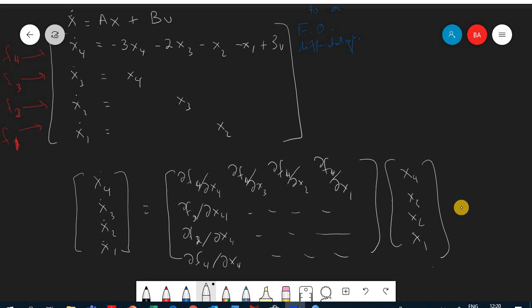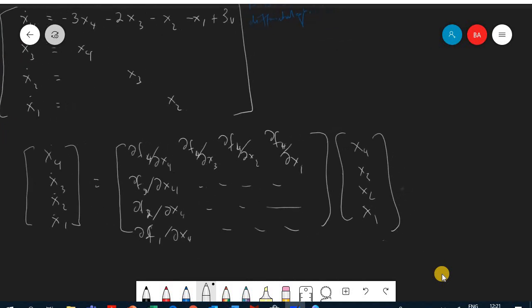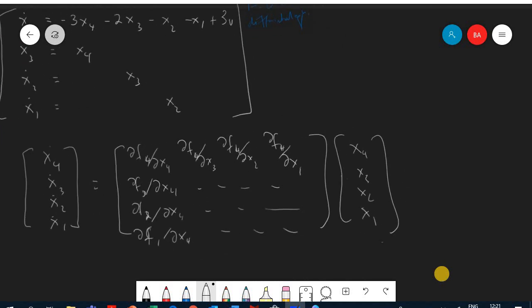This is just something you can do if you like, as long as you get everything correct. Here x4, x3, x2, x1, because I'm doing df4 by dx4 times x4 prime. It should look like that, right? By dx4 times x4 prime, by dx3 times x3 prime, by dx2 times x2 prime, dx1 times x1 prime, and then again dx4 times x4 prime, dx3 times x3 prime, and so on. So this is what I have as the equation here.